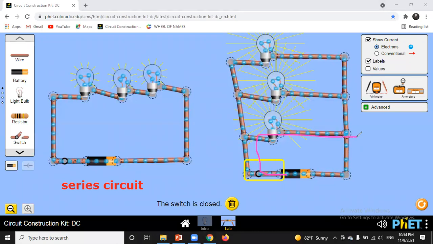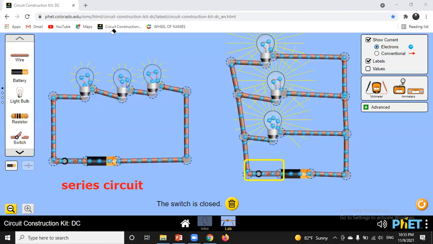Electricity has 3 paths. Here's the first path. Here is the second one. And the third one is right here. Electricity has 3 ways, 3 loops for the electric current to move through.